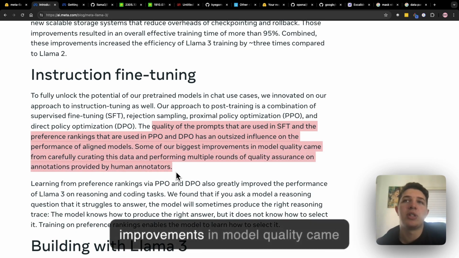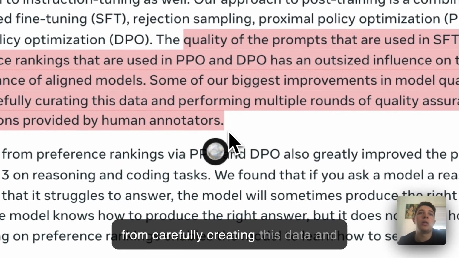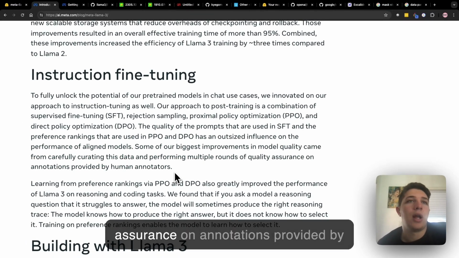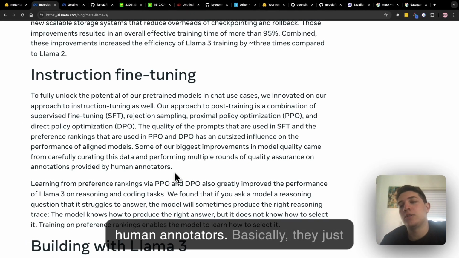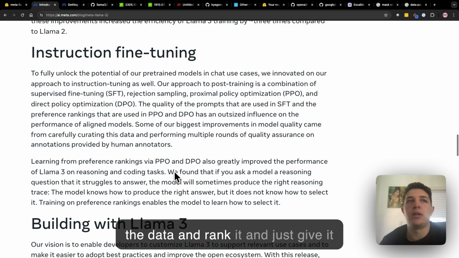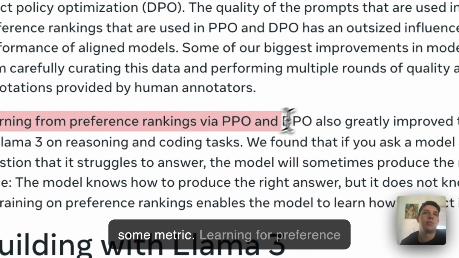Some of our biggest improvements in model quality came from carefully curating this data and performing multiple rounds of quality assurance on annotations provided by human annotators. Basically, they just had humans essentially go over the data and rank it and give it some metric.